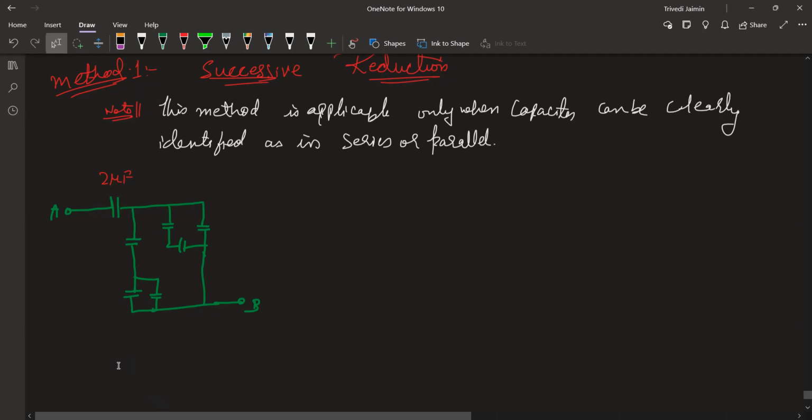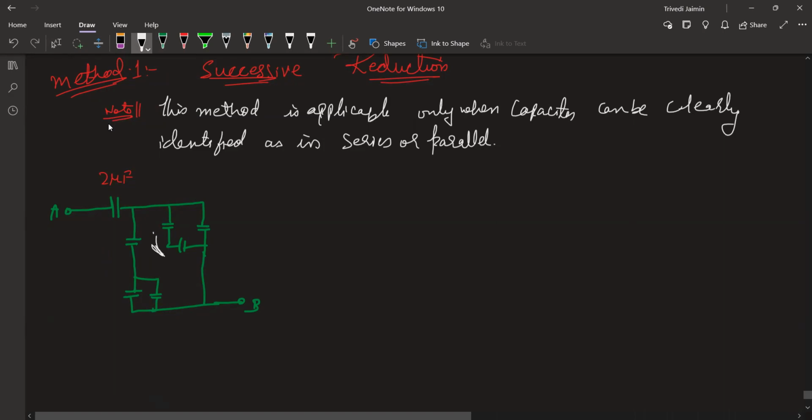Simply they have made 2 and 2 here, it will be 4. This will be 1, 1 plus 2, 3. This will be 3 here. And this will be 4 and 2, 1 by 4 plus 1 by 2. If all are 2 microfarad, what will you get here?